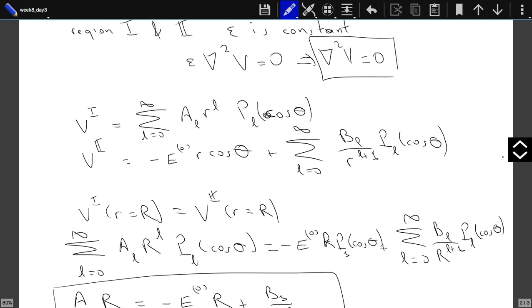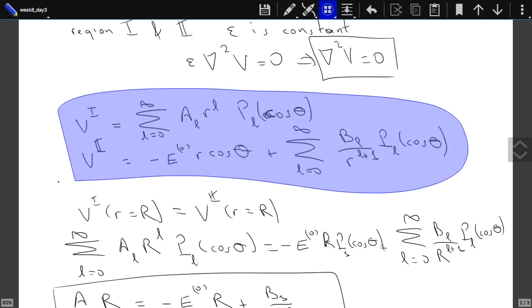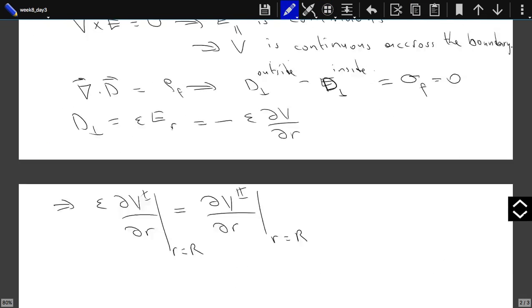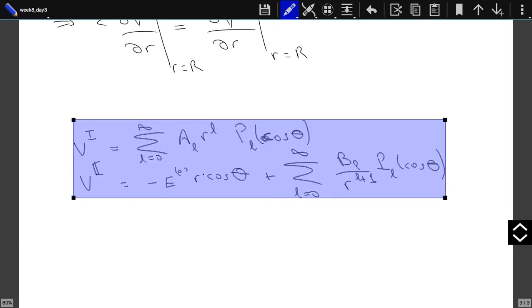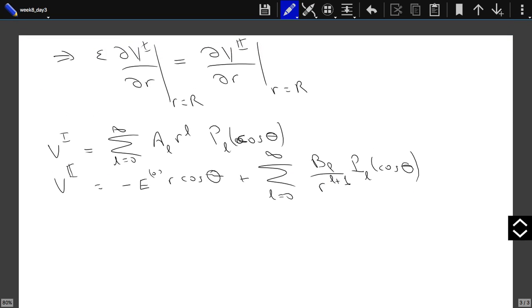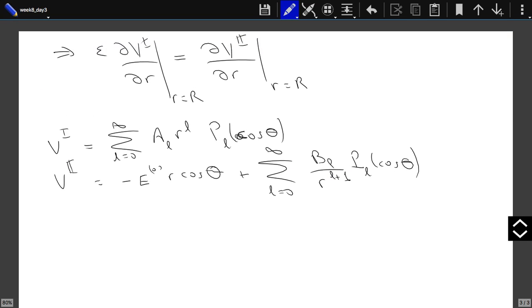So these are our potentials. Let's take their derivatives with respect to r. So epsilon times the sum over L from 0 to infinity, A_L, L, r to the power L minus 1, P_L of cosine theta. This is the left-hand side.